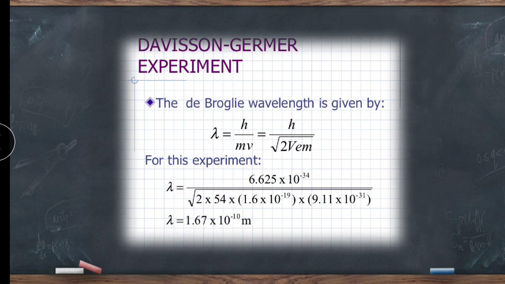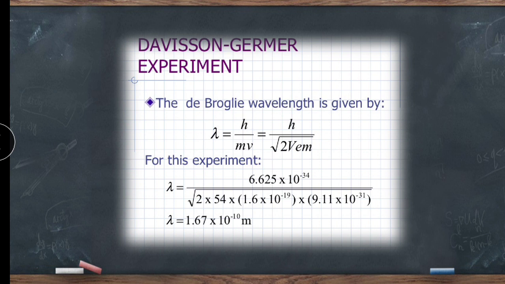So whatever we observe in the Davisson and Germer experiment, we put those values in Bragg's law, and we put those values in the de Broglie formula, and in both cases we get nearly equal values, which are 1.65 and 1.67, and these are the same values, right?